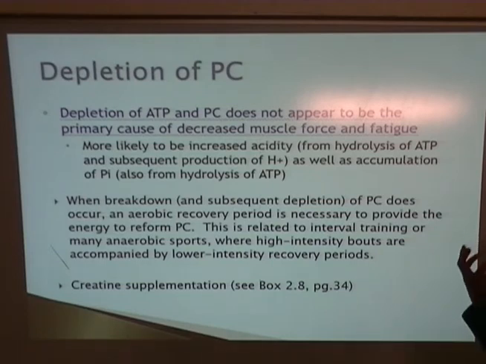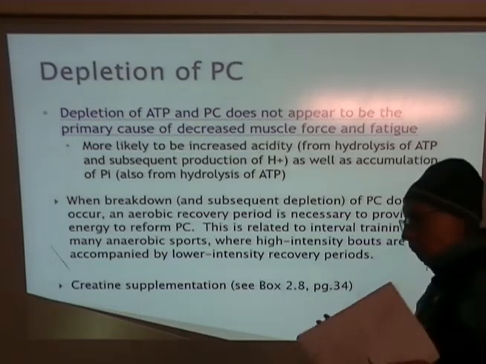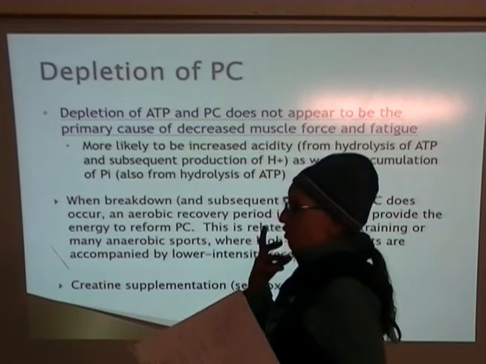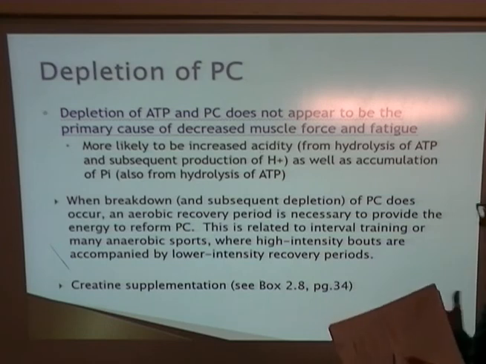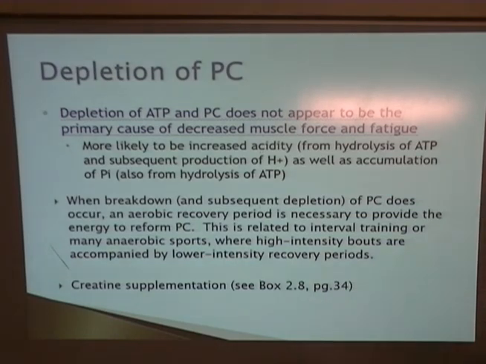So we come back to our friend, the hydrogen ion. All right? It's thought at this point in time that the increase in acidity within the cell from the release of hydrogen ions by breaking down ATP is more likely to be the source of fatigue, of the drop in muscle force, right?